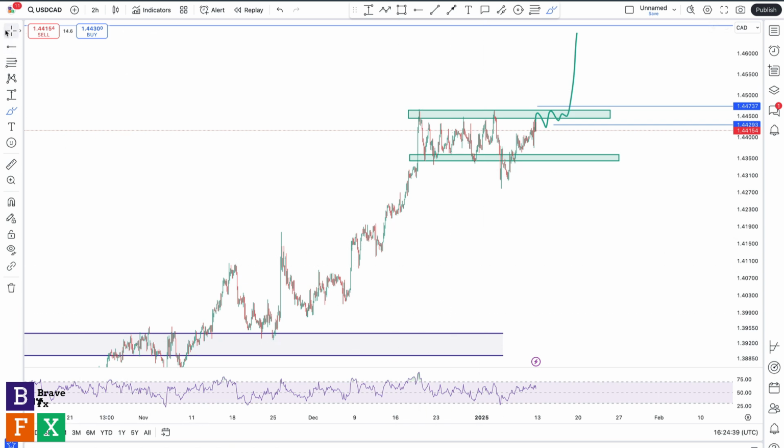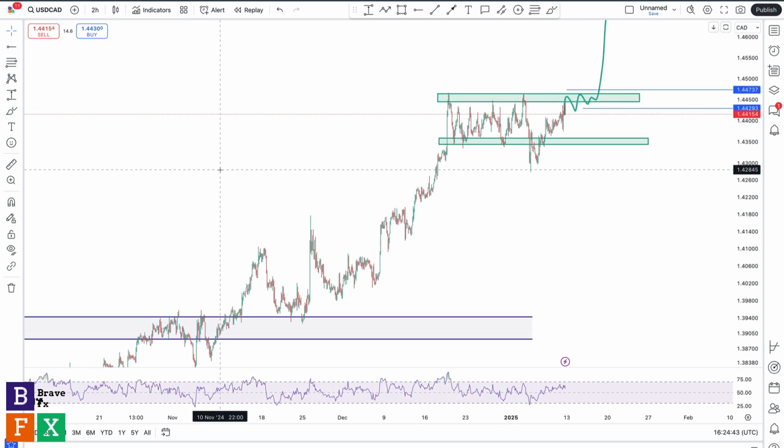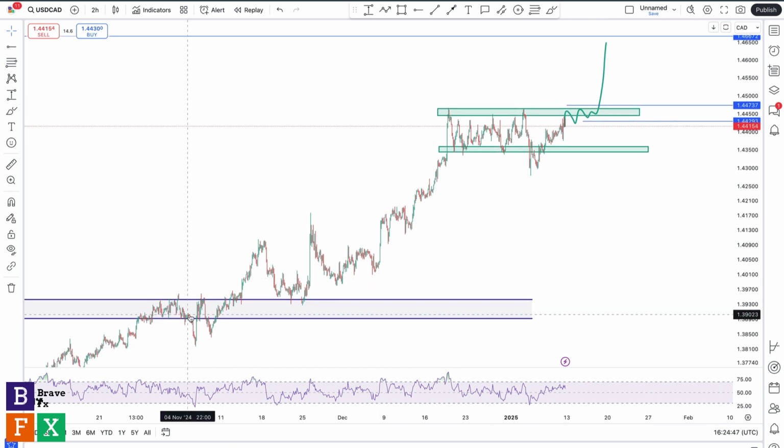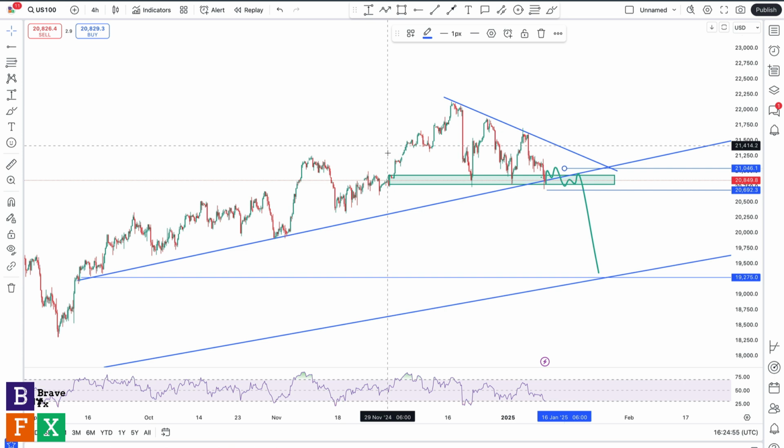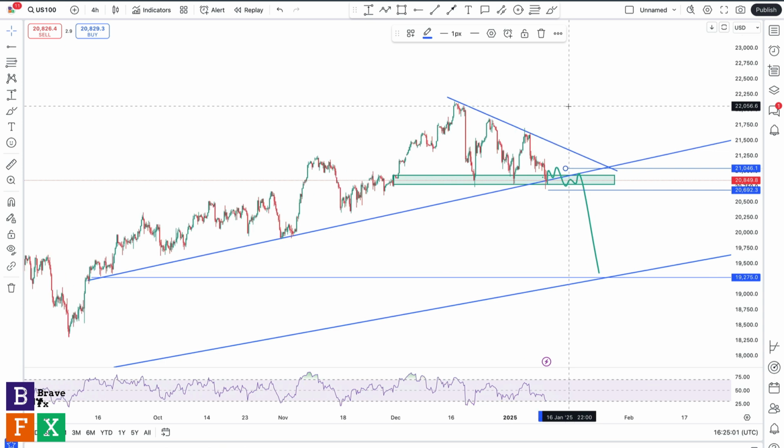So right now, the reason why this is better to explain than what we had on US 100, which is Nasdaq, is because the current market structure from last month till now has been bullish. Meanwhile, just going back to the Nasdaq real quick, current market structure from last month has been ranging on Nasdaq, right?